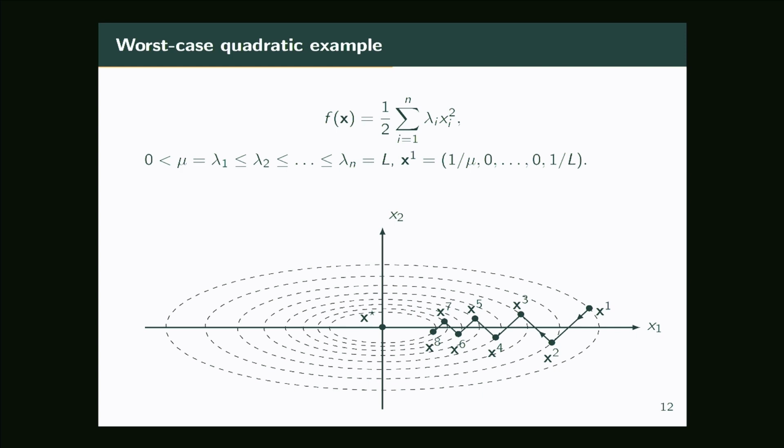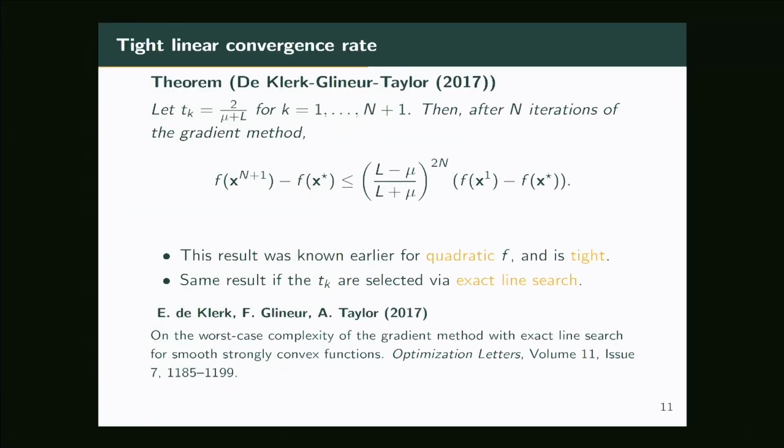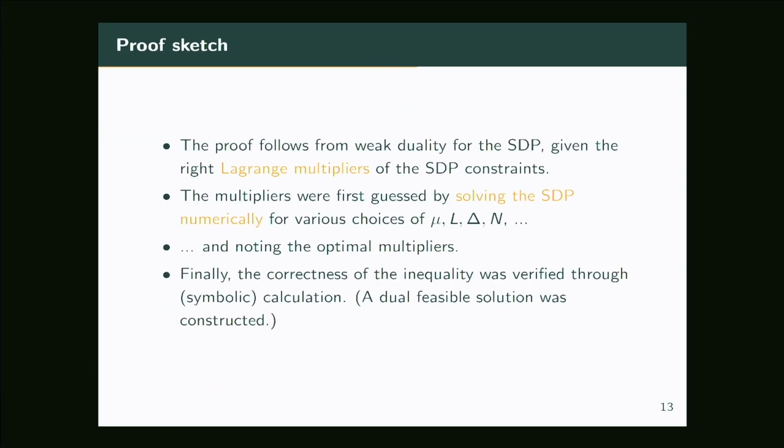So this example establishes the worst case behavior for both fixed step length of the shown size and the exact line search. And the other side is shown by the semi-definite programming bound. Okay, so that is the strongly convex L-smooth case.